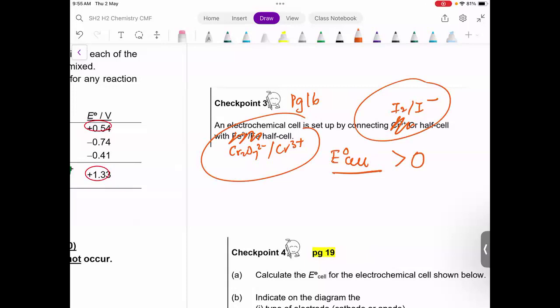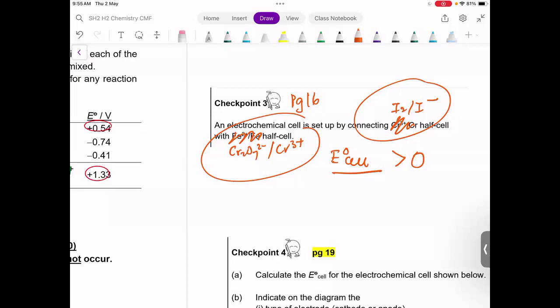Do you understand why? Because when I look at half cells, I will always choose the half cell with a more positive E0 value to be the cathode. Remember when we do checkpoint 3 or checkpoint 4, what do we do? We are working with half cells, in both cases. So how do we decide how the reaction takes place?